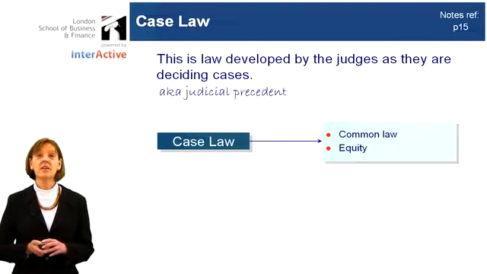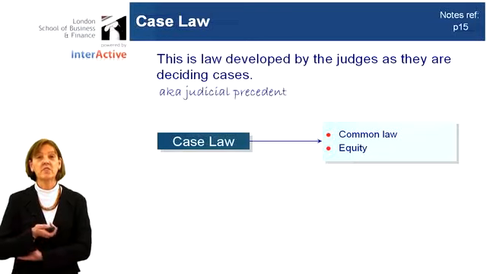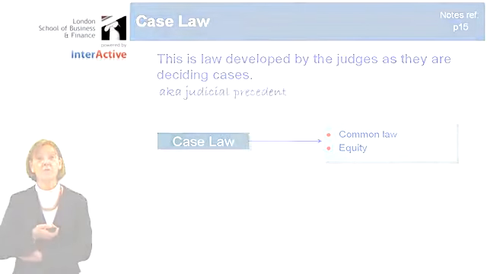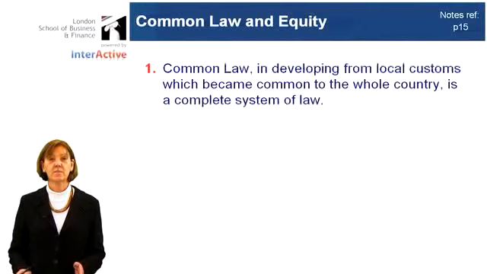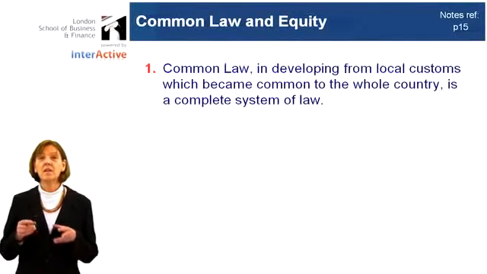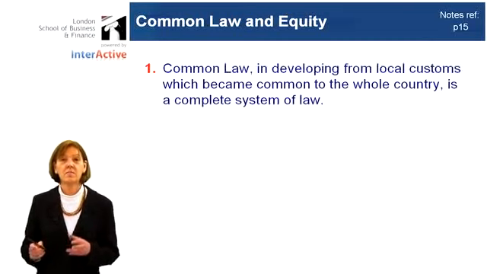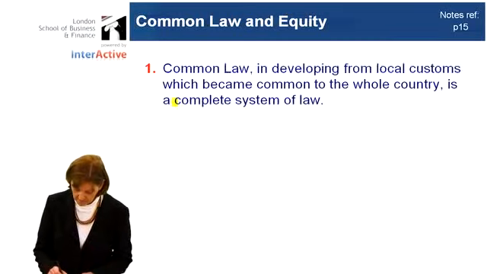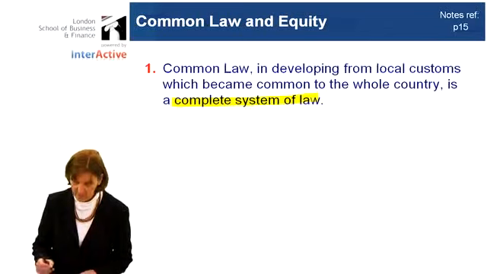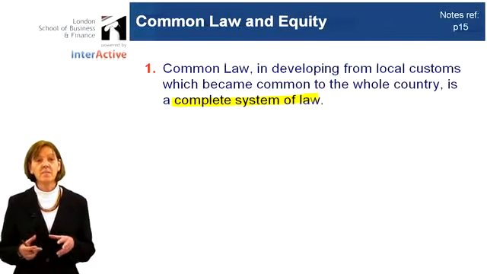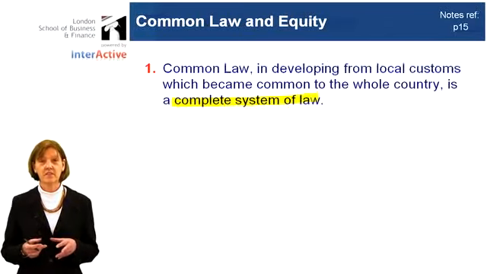So that actually then gives us our first major characteristic of the common law. In developing from local customs, which became common to the entire country, it developed as a complete system of law. So it is a fundamental, basic system.